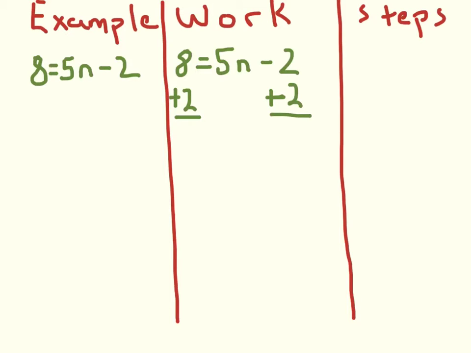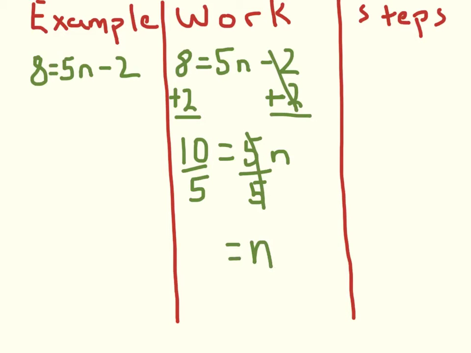Minus 2 and plus 2, those cancel out. So I have 5n. And 8 plus 2, 10. 10 equals 5 times n. I don't want 5 n's, I want 1 n. So I'm going to divide both sides by 5. When I do that, I see 5 divided by 5 is 1, so 1 n equals 10 divided by 5, which is 2.